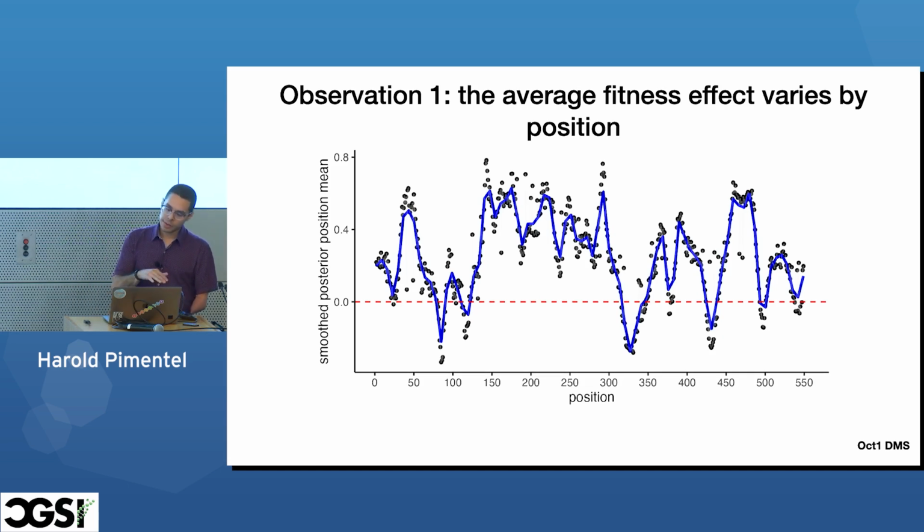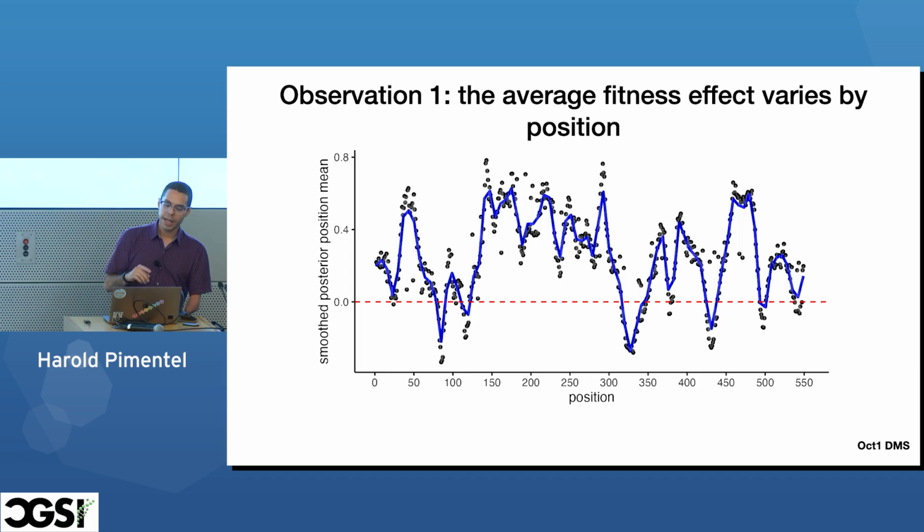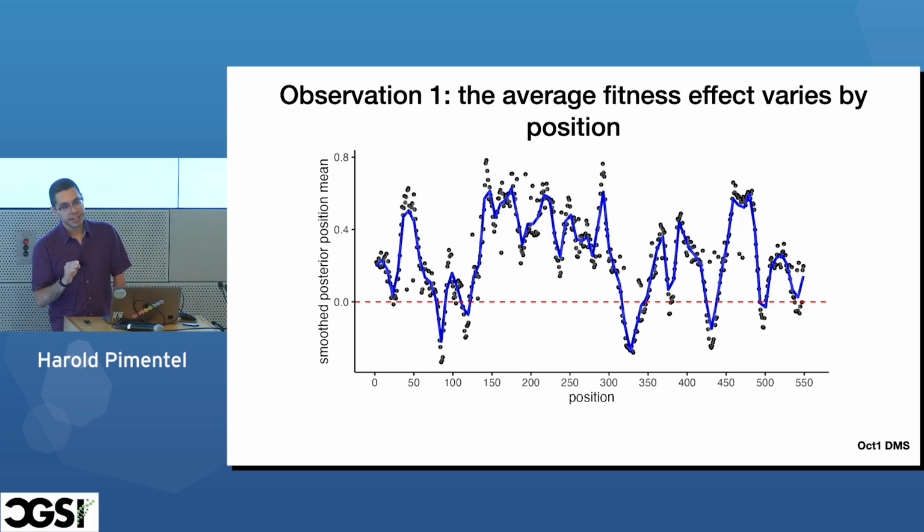Okay, so the first observation actually, if you just take the mean, this is posterior mean, but it kind of looks the same at every single position, variant effects, right? Sometimes I'll say variant when I mean variance, and sometimes I'll say variance when I mean variant. I'm sorry. Just impute the right one.